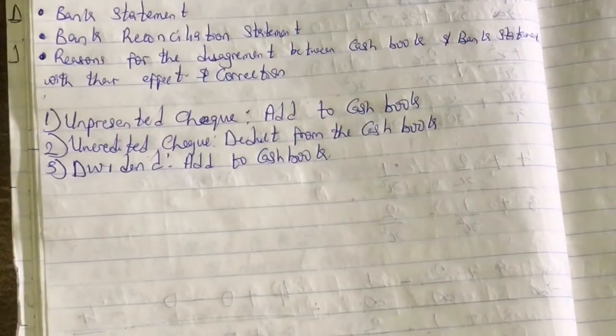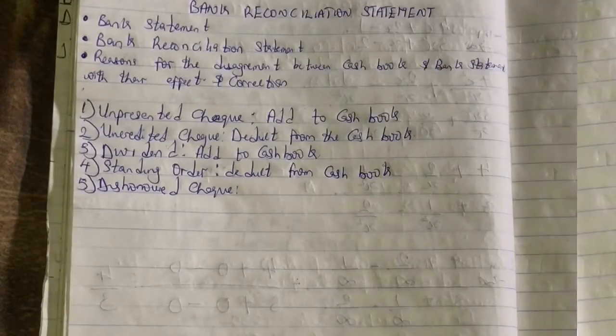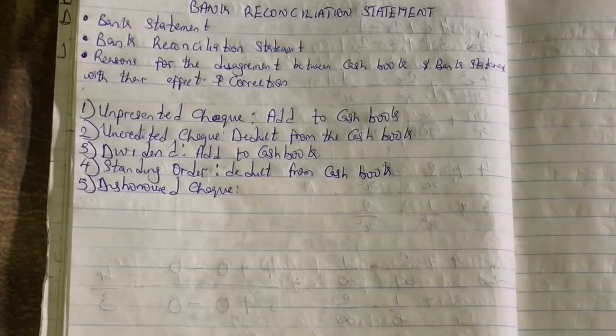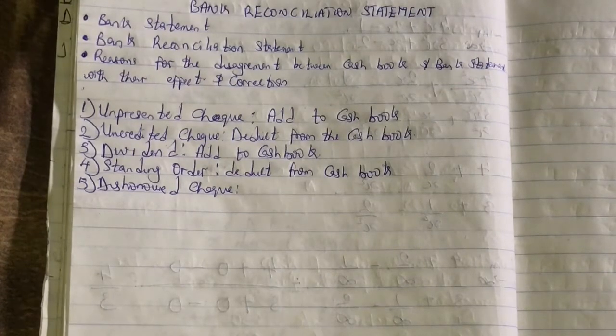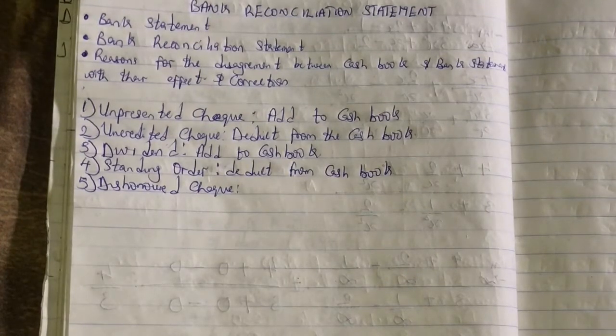Next is the standing order. It is an order made by a customer to the bank to make regular payments to a certain organization. An example of a standing order is ordering the bank to make payments for you every month for your NEPA bills, or whatever.